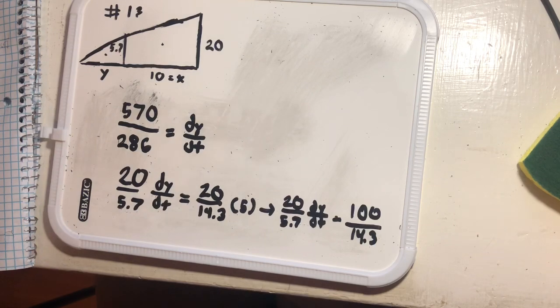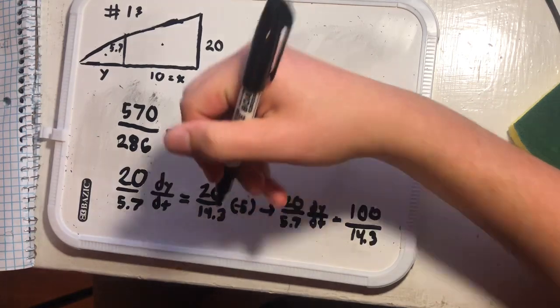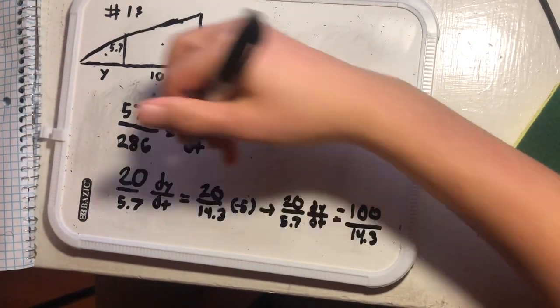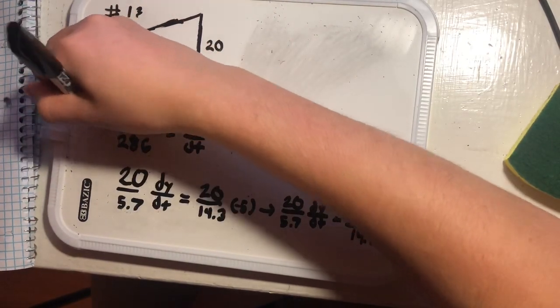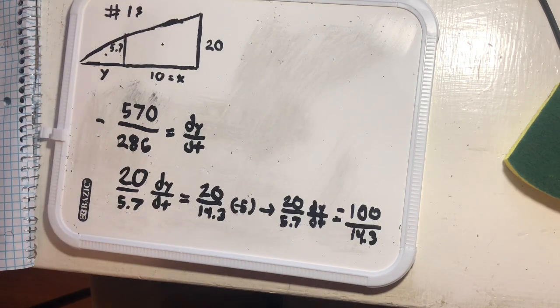Oh, something I forgot to add is because Alexis is decreasing distance at a rate of 5 feet per second, 5 would actually be negative. So this entire equation would be negative, and ultimately our distance, y, would be shrinking as she's going over, moving towards that light.